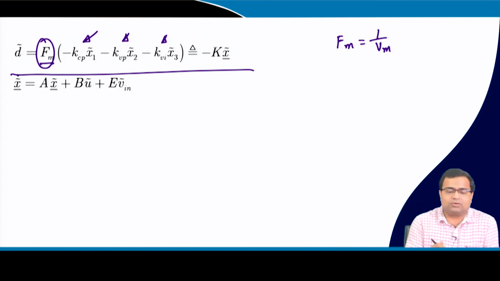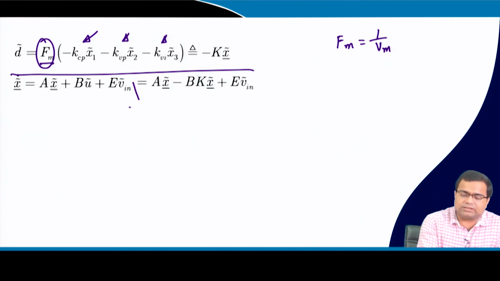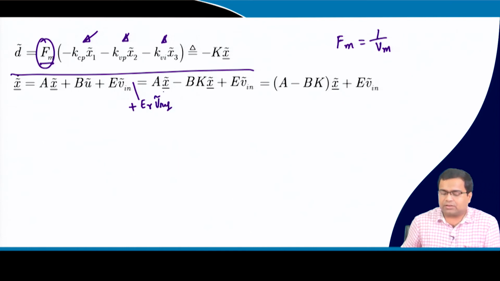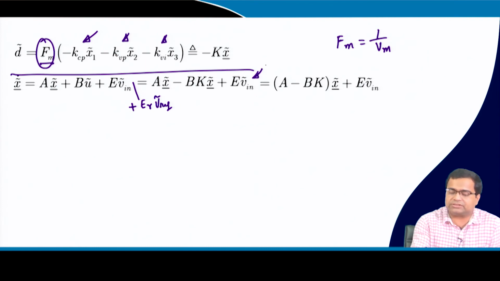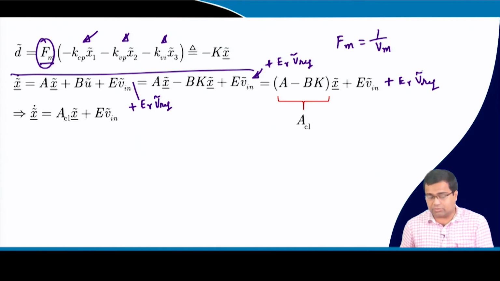Here we also have an additional term that we have discussed. So with this we will have ER into Vref perturbation. Here also we will consider the additional term ER into Vref perturbation, okay.